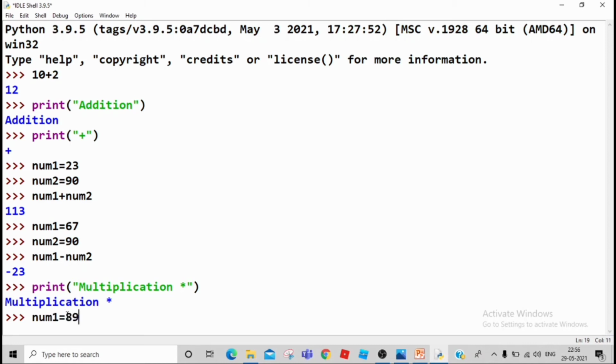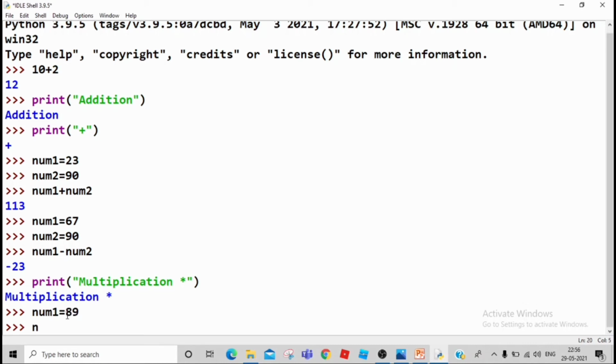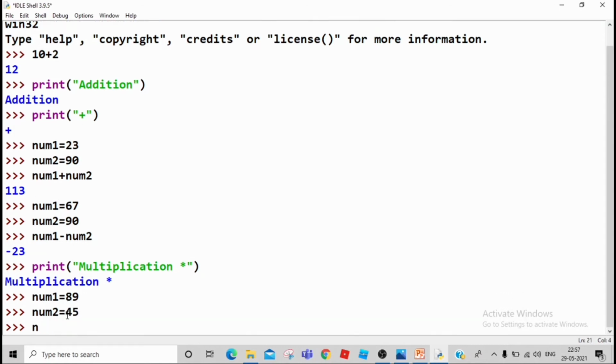So number 1 is equal to 89 and number 2 is equal to, wait, sorry, yeah, number 2 is equal to 45. Here we go. Number 1, not minus, it's multiply, number 2.